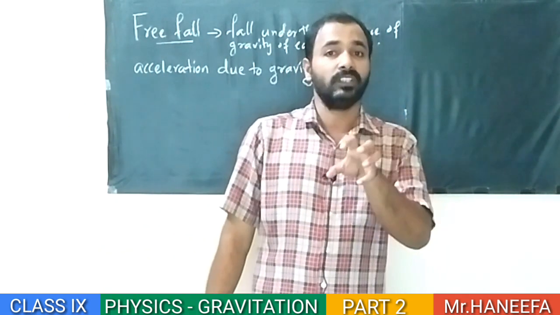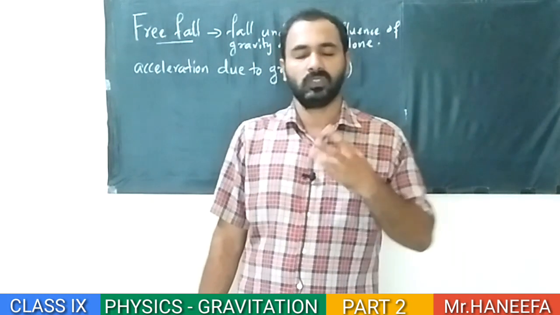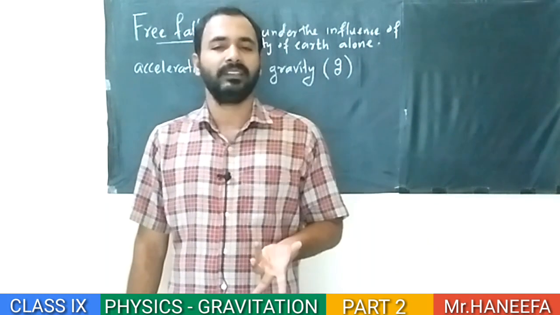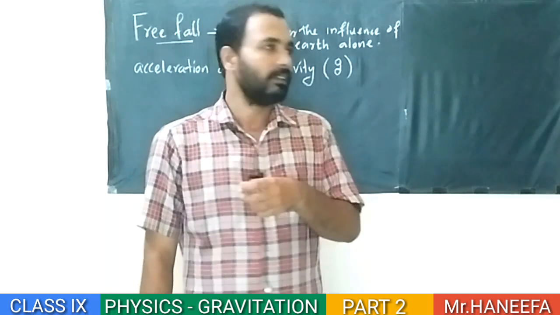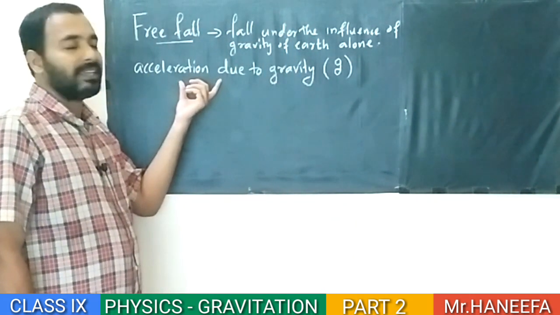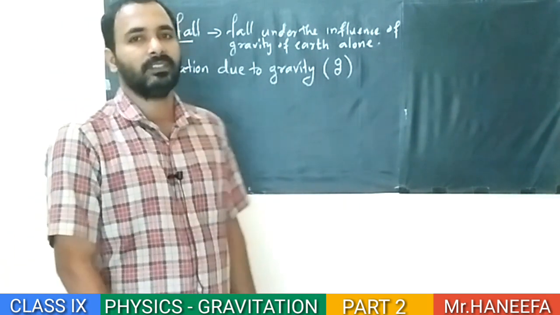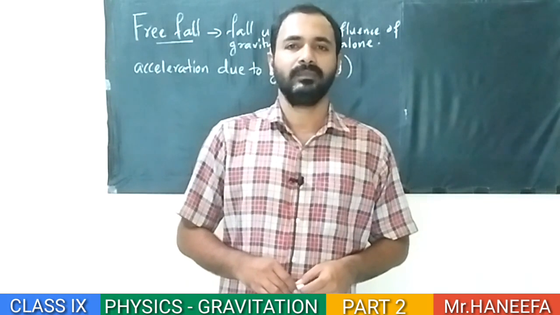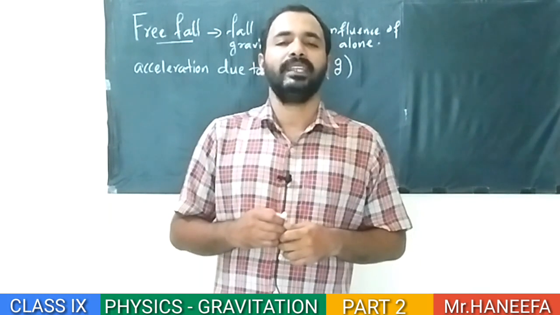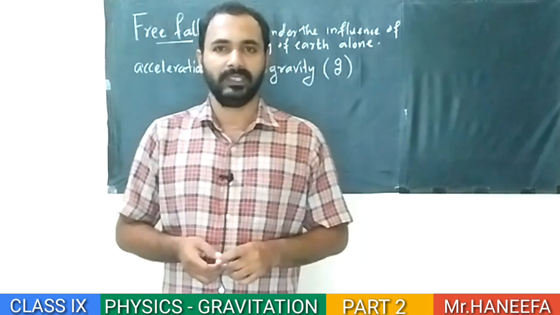In the case of free fall, there is a change in velocity, so that means there is an acceleration. So acceleration under the gravity of earth is called acceleration due to gravity. It is represented by the letter g. Clear? Then we can find an expression for acceleration due to gravity.